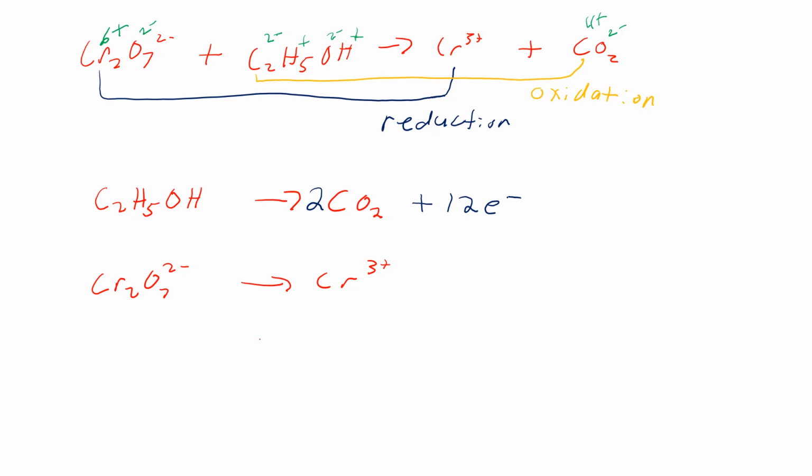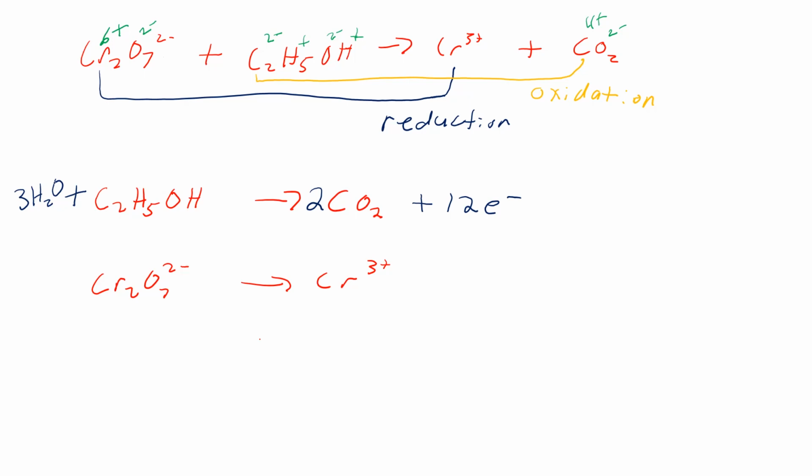And then what we have to do is balance our oxygens and our hydrogens. So we have 1 oxygen on the reactant side, and we have 4 oxygens on our product side. So we need to add water, and we need to add 3 water so that we'll have 3 more oxygens on the reactant side.